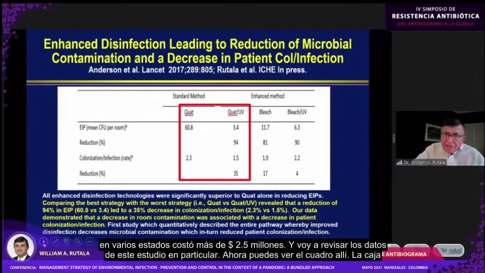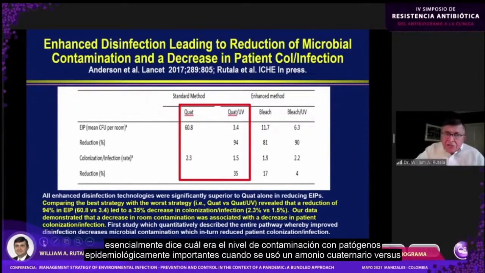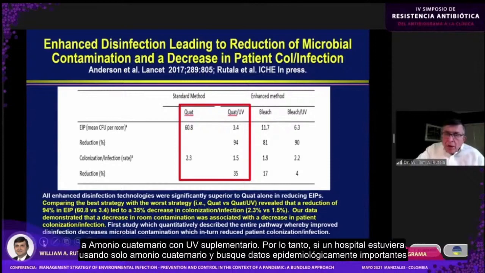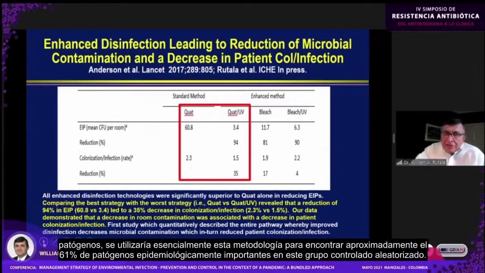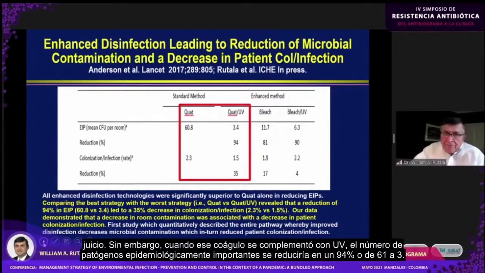Now, you can see the box there. The box essentially says what the level of contamination with epidemiologically important pathogens was when a quat was used versus a quat with the supplemental UV. So if a hospital was using a quat only and looked for epidemiologically important pathogens, using this methodology, it would find approximately 61 epidemiologically important pathogens in this randomized controlled trial.